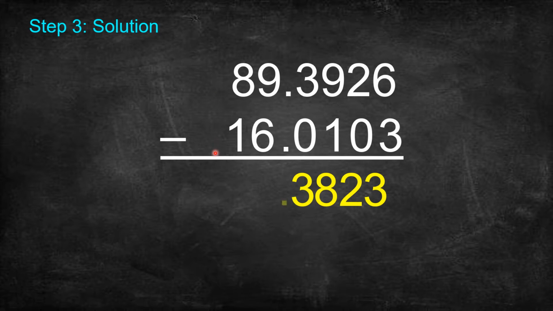And then, copy the decimal point. 9 minus 6 is equal to 3. 8 minus 1 is equal to 7. So, our answer is 73 and 3,823 10,000s. So, that's how you subtract decimals.